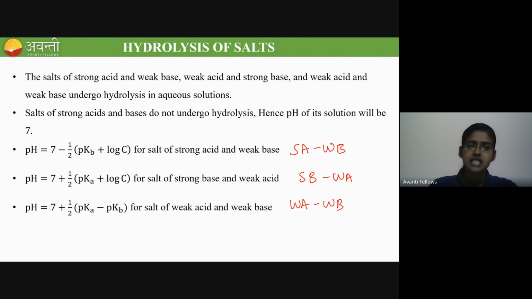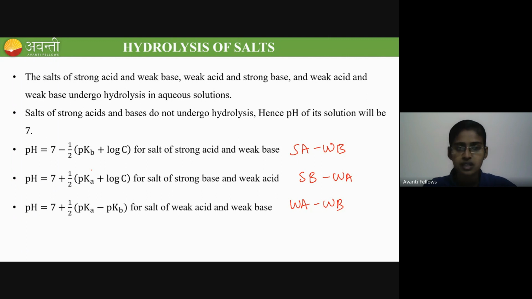For this, 7 plus 1 by 2 (pKa minus pKb). So these are the very important three formulas that we will be using for solving all the numericals that come from hydrolysis of salt. Clear? With all these concepts, the equilibrium lesson gets over.